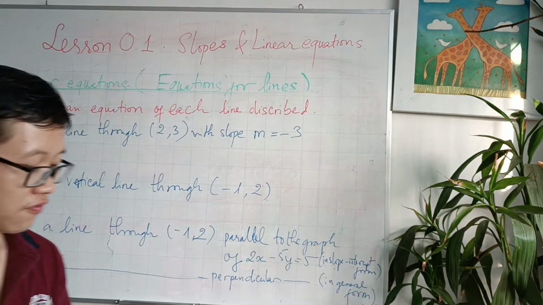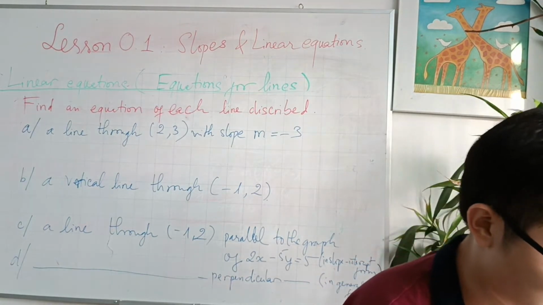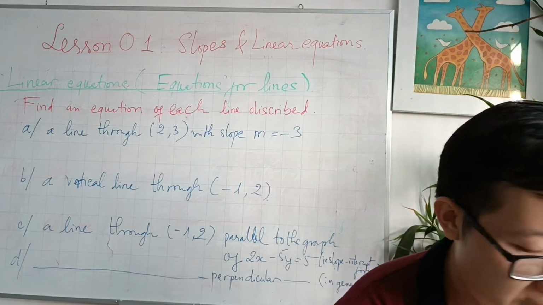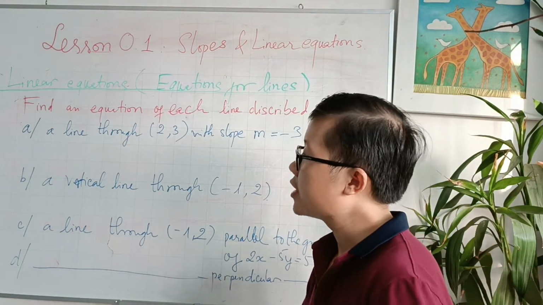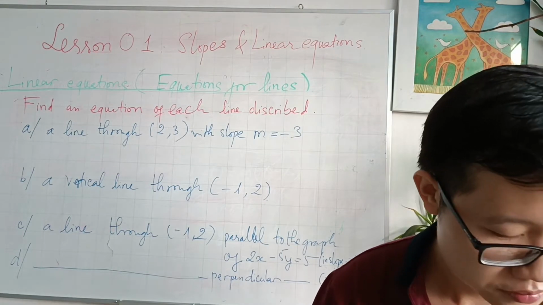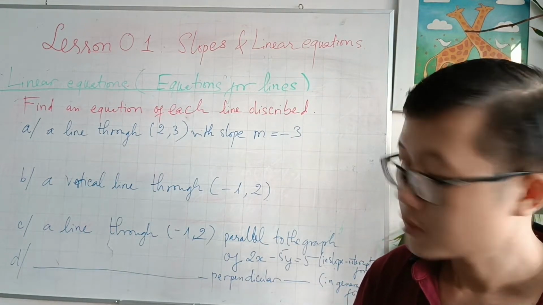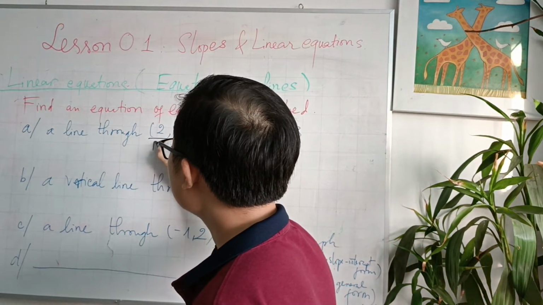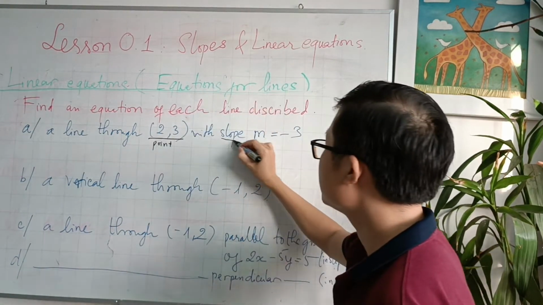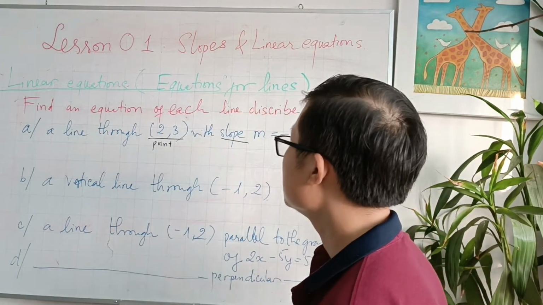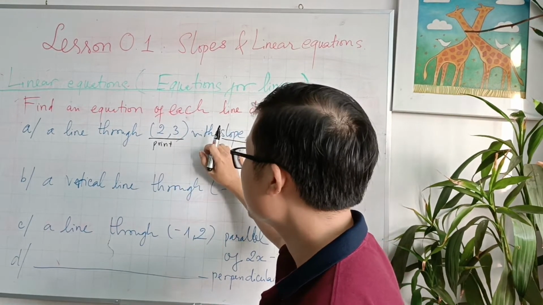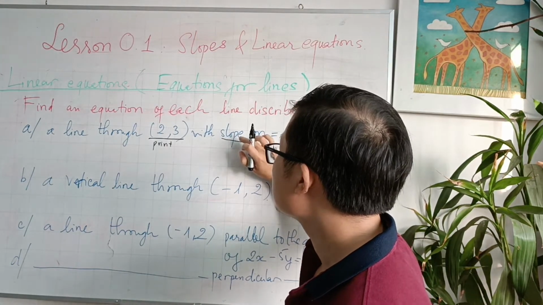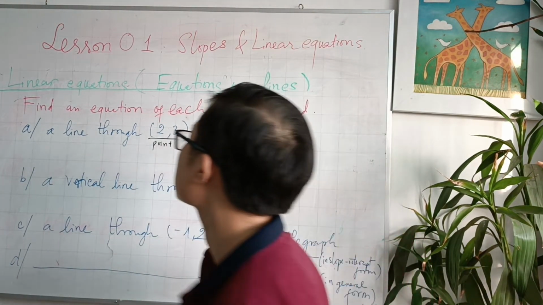Okay, we have 4 questions here, so to save our time, we can do it together now. The first question is very easy. The line goes through a point and has a slope, so we have two pieces of information, point and slope. So we can write the point-slope form.